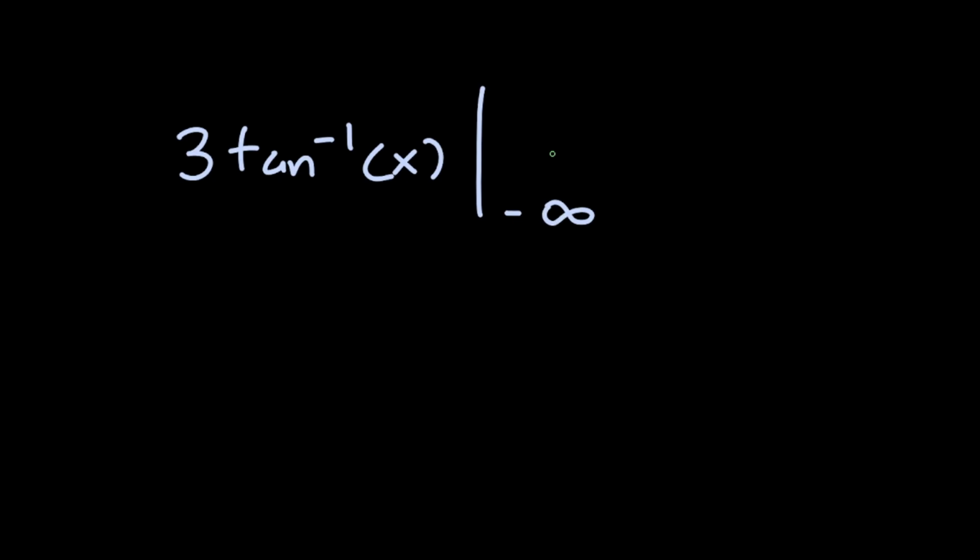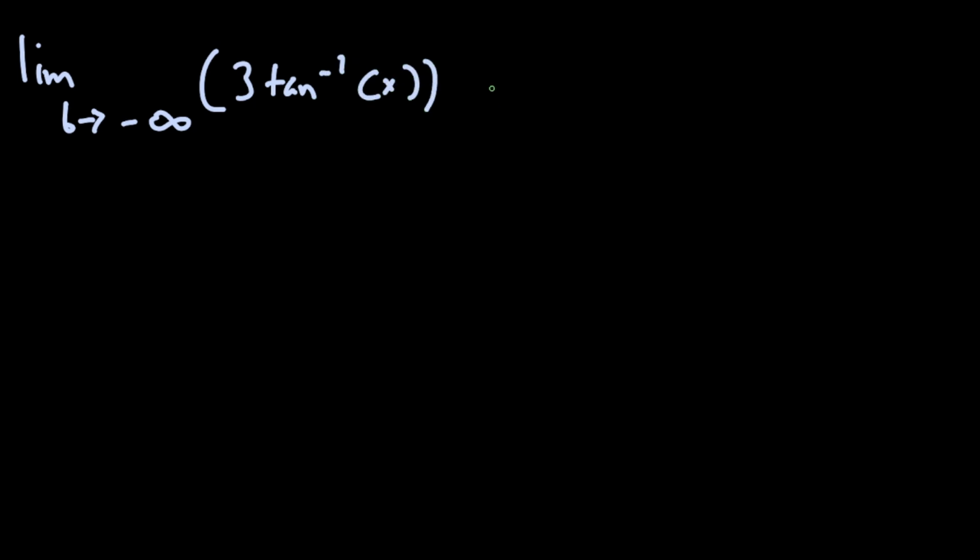So that means what we're doing is evaluating 3 times tan inverse of x from negative infinity to positive infinity. And we need to rewrite this because infinity is not a number, so we're going to take the limit as two values approach infinity.